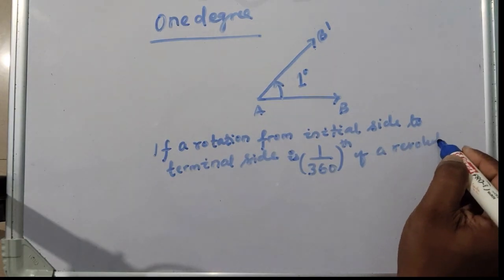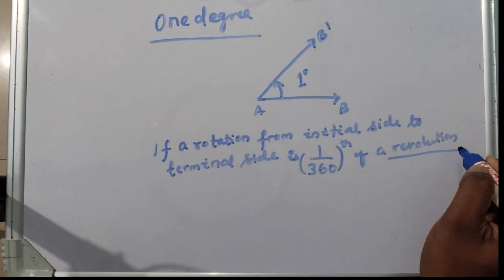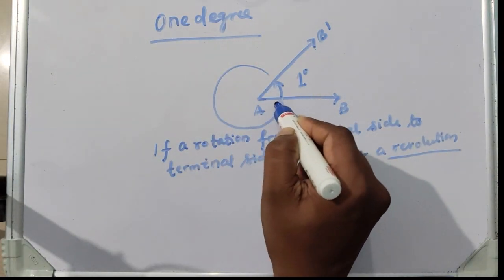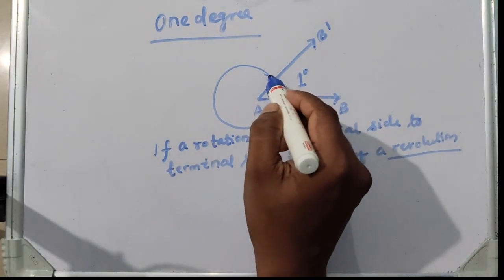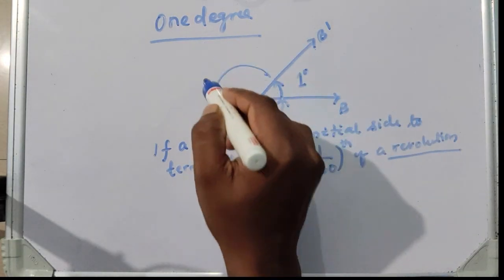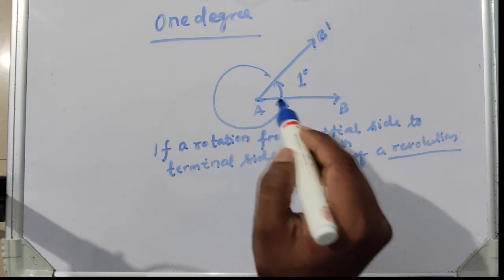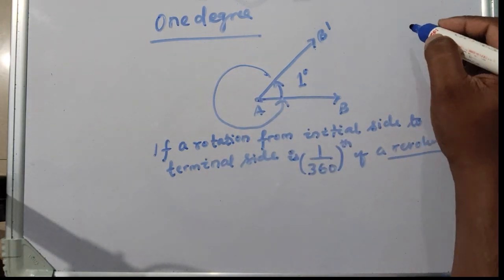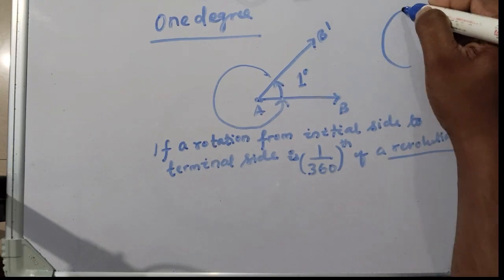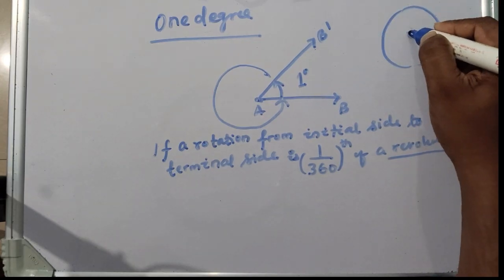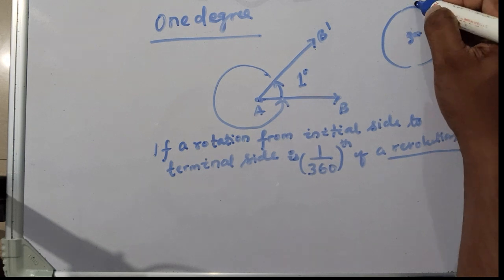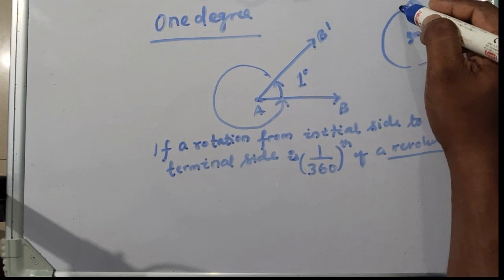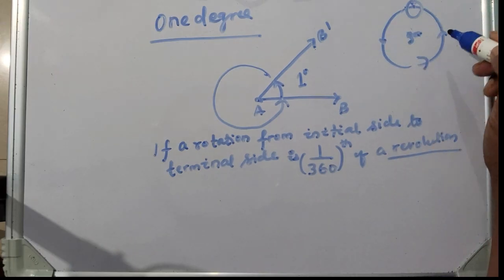What is revolution? When this is revolved, this complete movement of point B around A. What is revolution? We know earth revolves. Suppose this is sun, and earth revolves. That means earth is rotated around the sun.